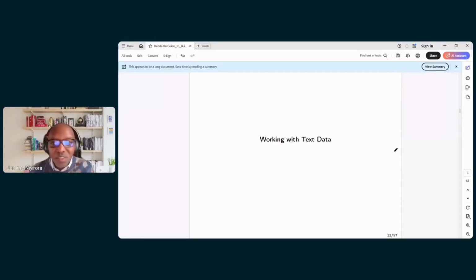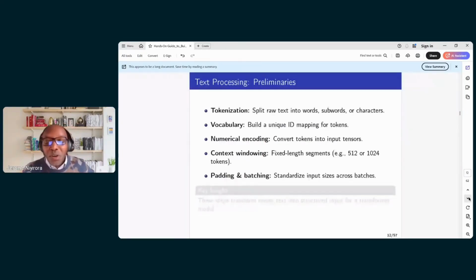The same ideas of how this works apply. Once you understand how to work with the text data, it will be a lot easier to translate this into other types of data. So just like in traditional natural language processing, for those who had a chance to work with machine learning or a little bit of Python before, every time you work with text, there had to be a way to make the machine understand what the text is.